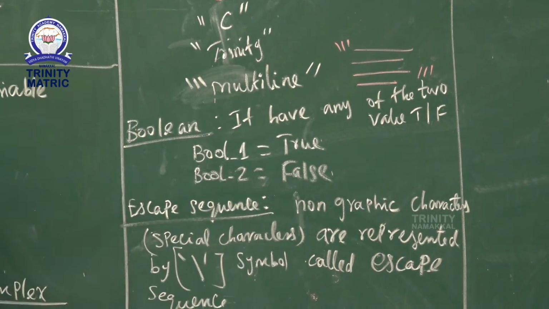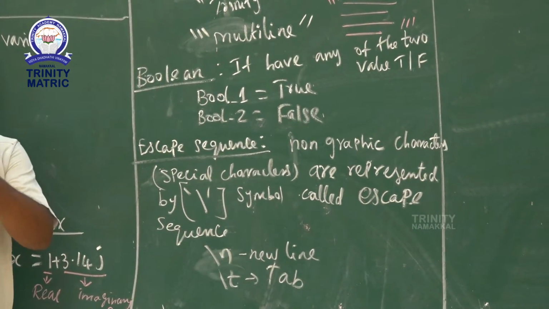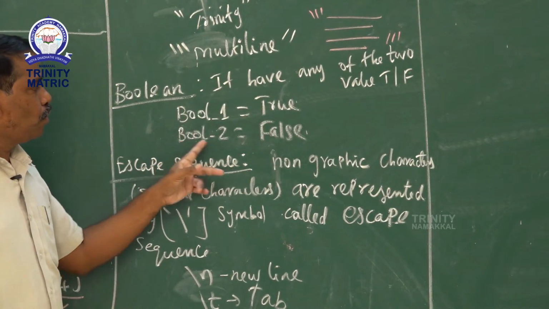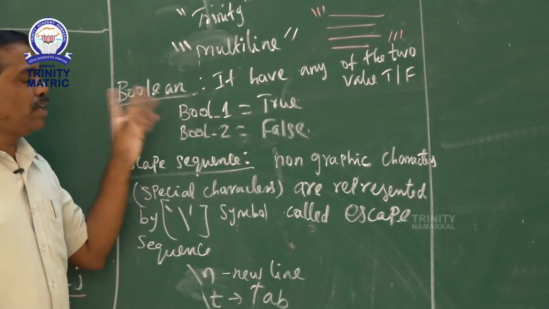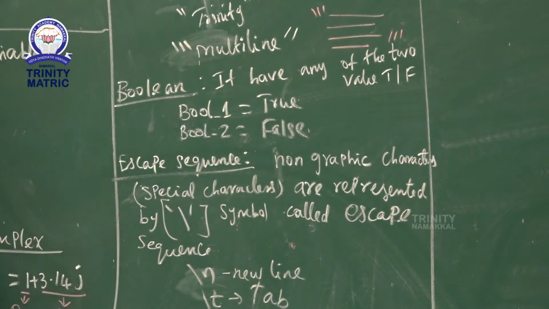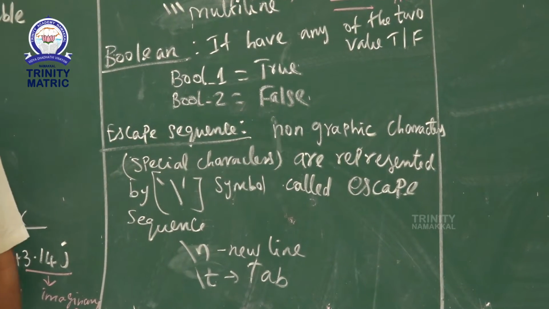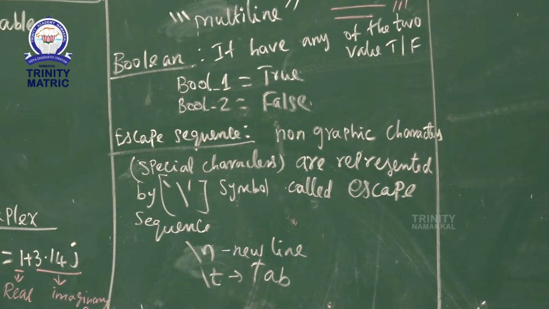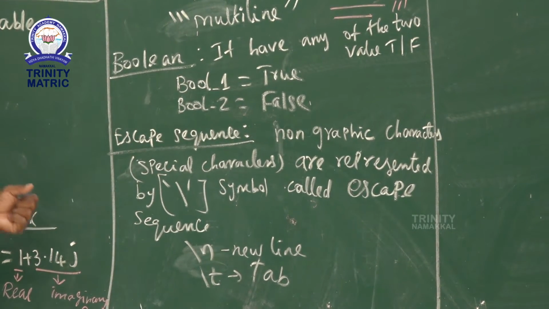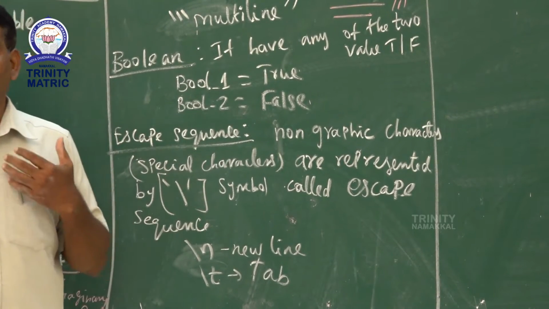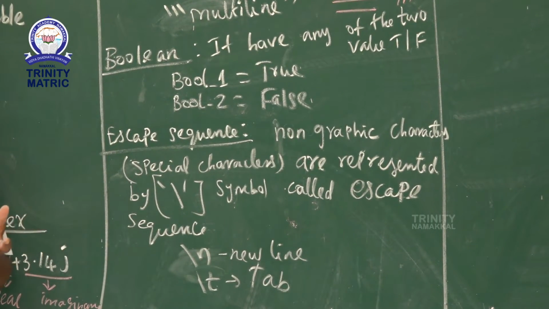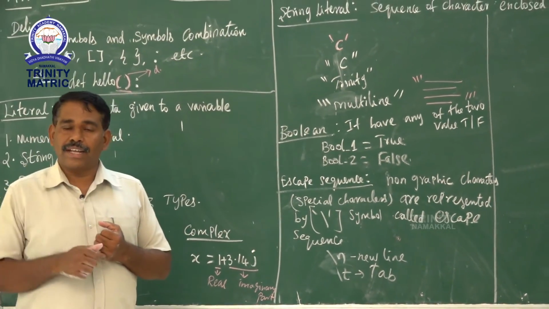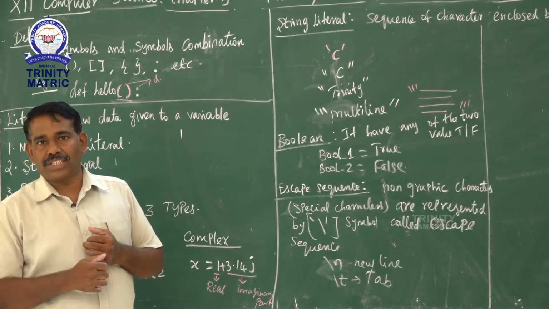Next, Boolean. Boolean has either of two values, true or false. For example, variable bool1 equal to True, bool2 equal to False. These are the Boolean literals, only true or false. Escape sequence is a special type of character literal. It is used for non-graphic or special characters such as backslash, tab key, vertical tab, new line, carriage return.